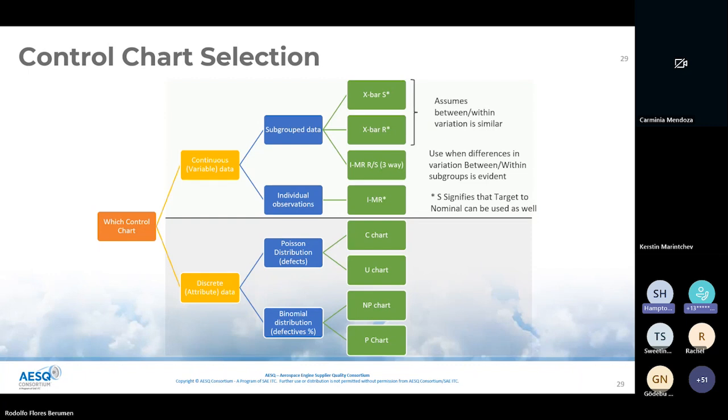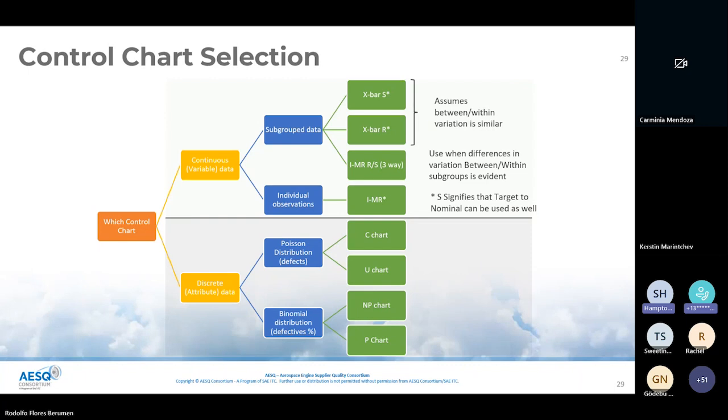The subgrouping is that big chunk above, and that's where you have rational subgroups. When you're manually charting that, it can be done. It just takes a little bit more calculation because you're plotting an average versus an individual point.